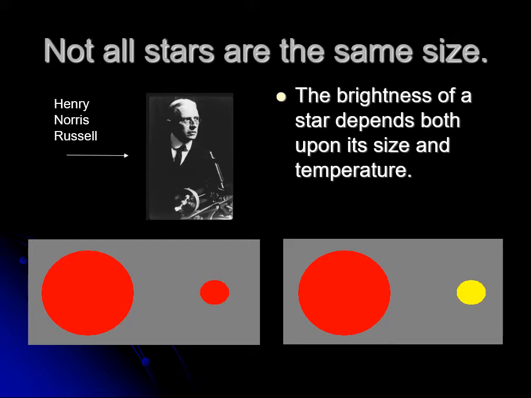And he started realizing that different stars had different properties. They noticed there was a general trend that a lot of stars that were hotter tended to have smaller absolute magnitudes, meaning brighter.